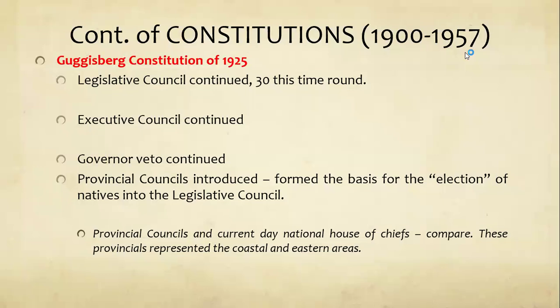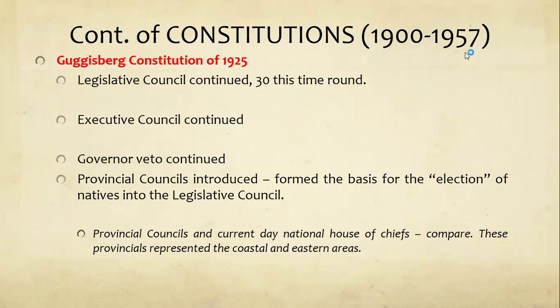Again, provincial councils was another outstanding feature of the Guggisberg Constitution. Now, the provincial council, as we have seen, was given prominence and also gave recognition to the chiefs.